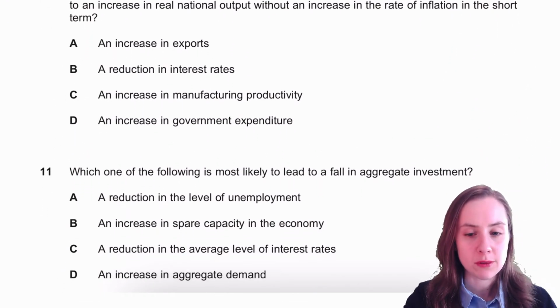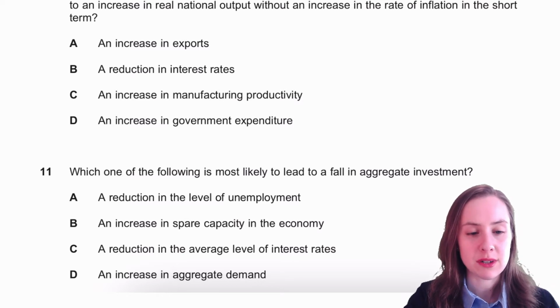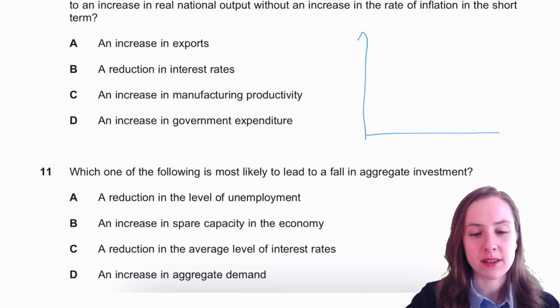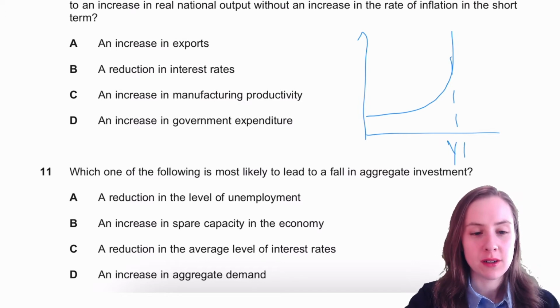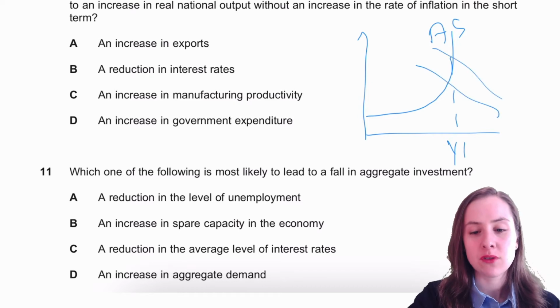Economy is operating at full employment, which is most likely to lead to an increase in real national output without an increase in the rate of inflation in the short term. That was a very long sentence. So it's operating at full employment. Okay. So it's right now Y1. And we want to not increase inflation. So it's not going to be AD.